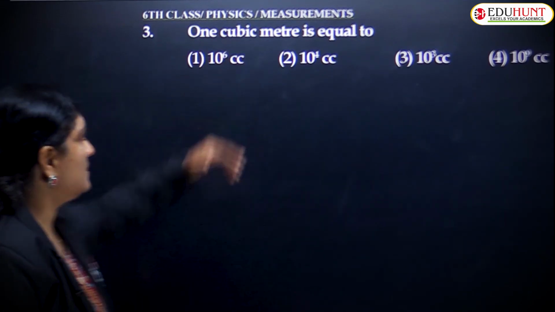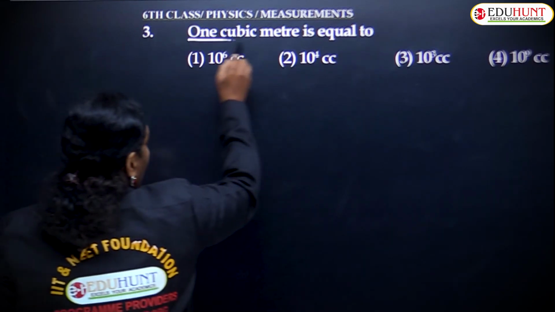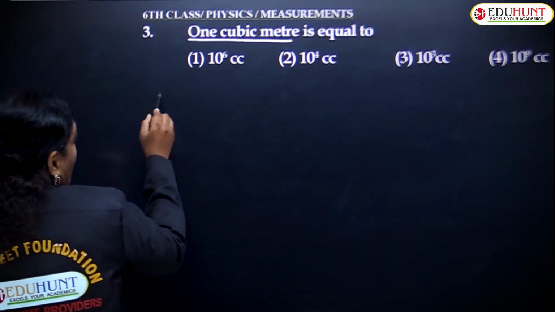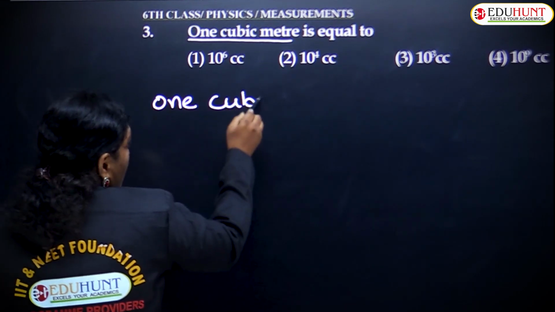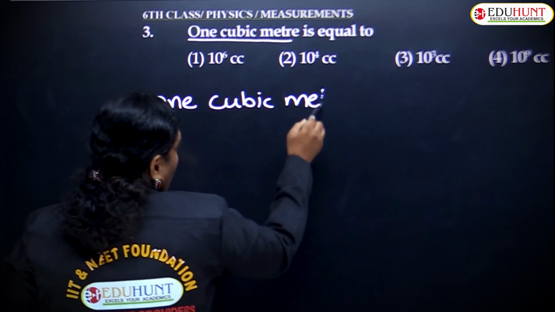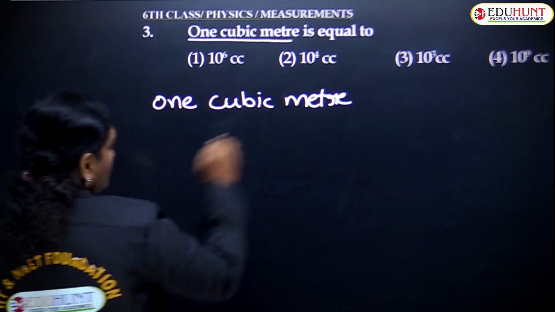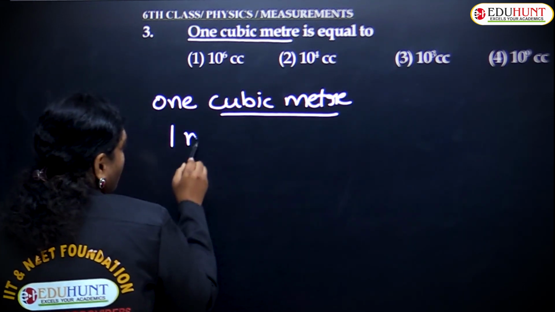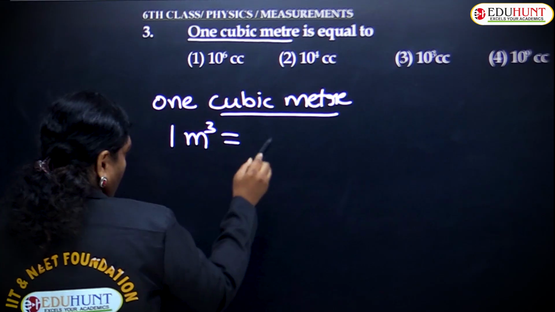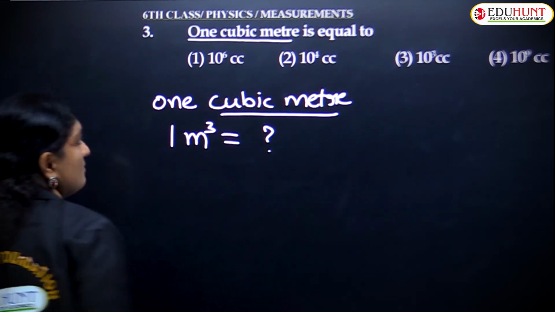Next, 1 cubic meter is equal to how many? Cubic meter means, to avoid confusion, I'll be writing 1 cubic meter. Okay, it sounds new to you. Cubic meter means nothing but a meter cube, and you need to convert it into cc.